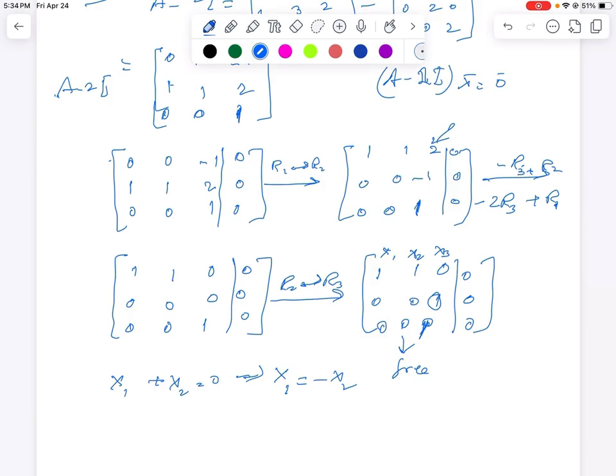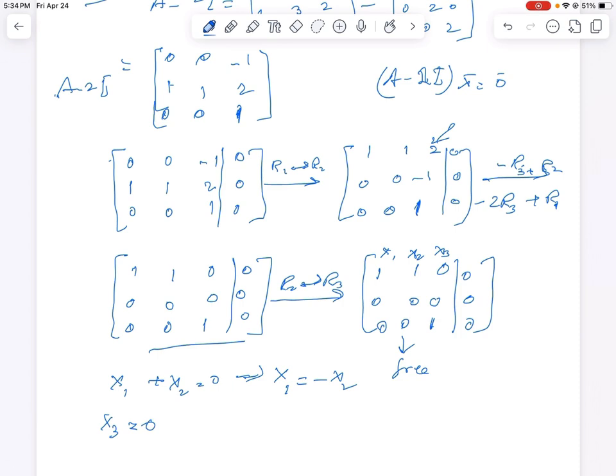By reading this last row, you should be able to figure that out. So x3 is 0.